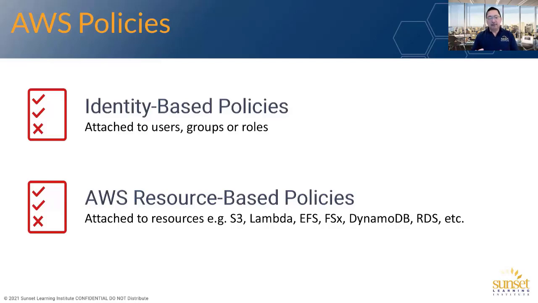You can have resource-based policies, or identity-based policies, or somebody can have both that apply to them based on what they're trying to do. The most restrictive policy will win there.